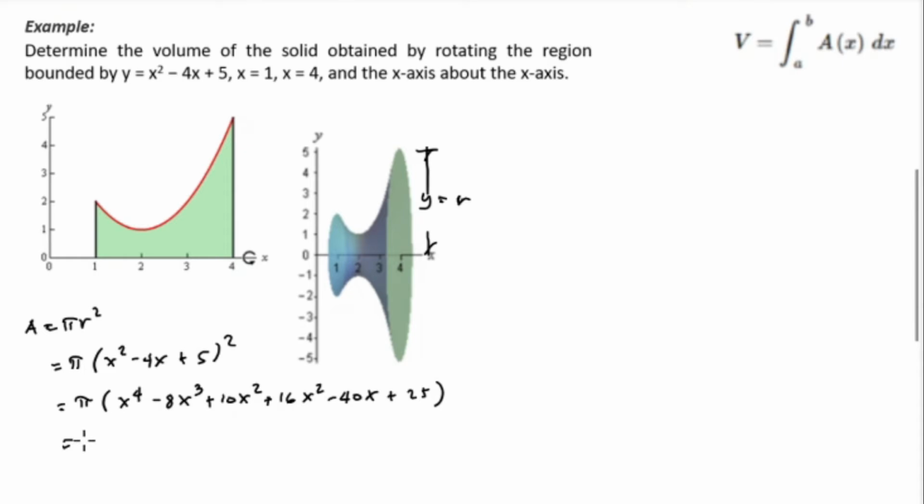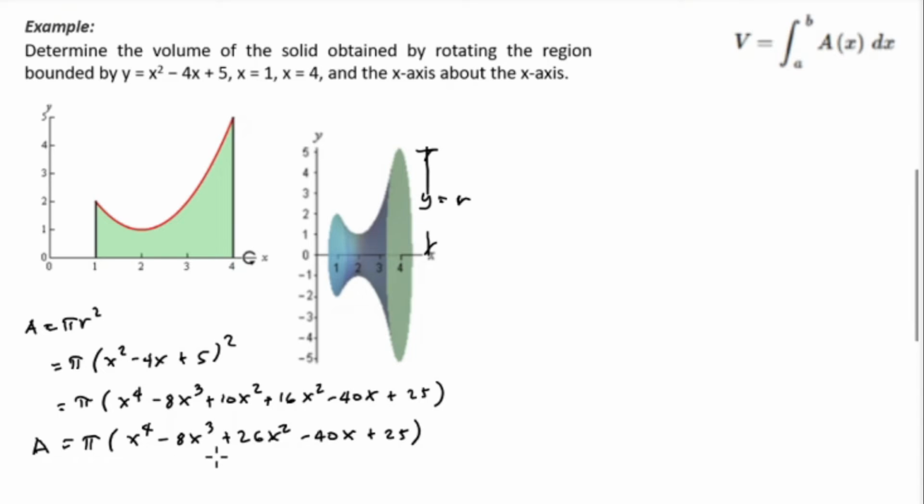And we simplify again. This will be x to the fourth minus 8x cubed, 10x squared plus 16x squared is equivalent to positive 26x squared, negative 40x, and positive 25. So this is the simplified value for the area.